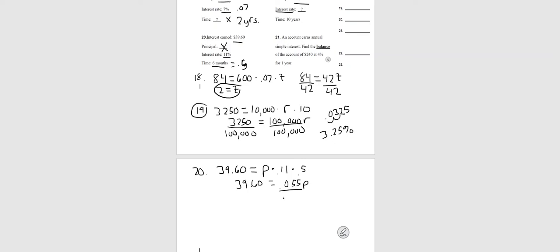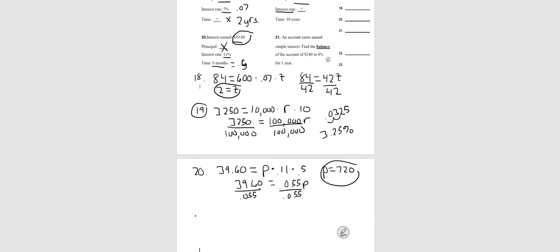So we divide both sides by 0.055. 39.60 divided by 0.055 is 720. So that's our principal. If we invest $720 at an 11% interest rate for half of a year, the interest earned is $39.60.